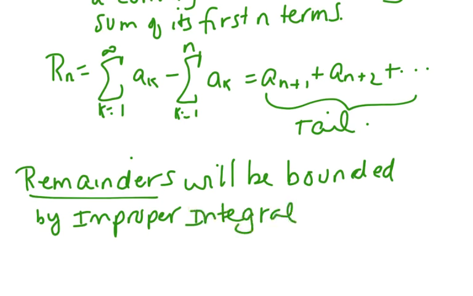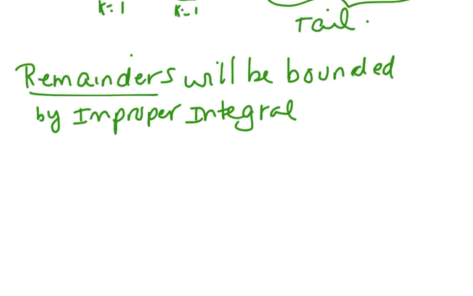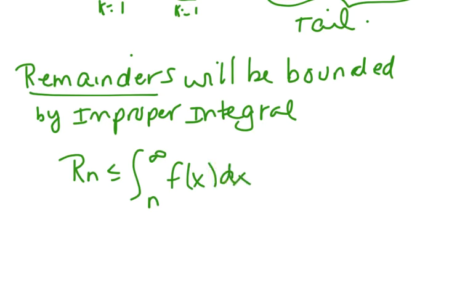So they're going to be bounded by an improper integral. What I'm describing here is that the remainder is going to be less than or equal to an improper integral of the function. So really what you're doing is bounding it by the tail.